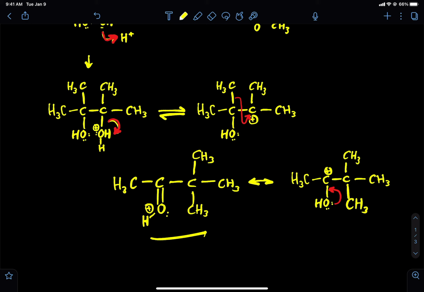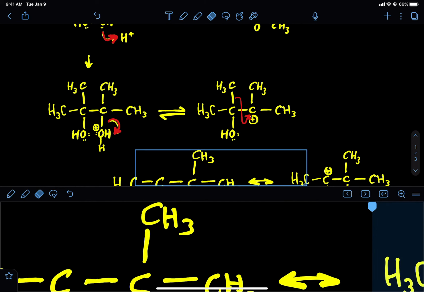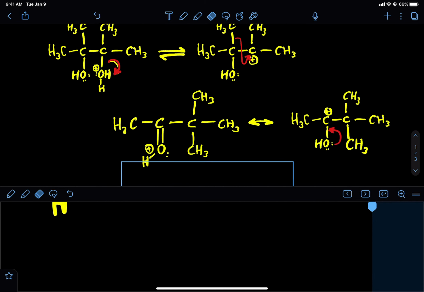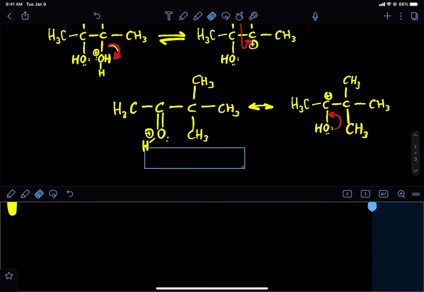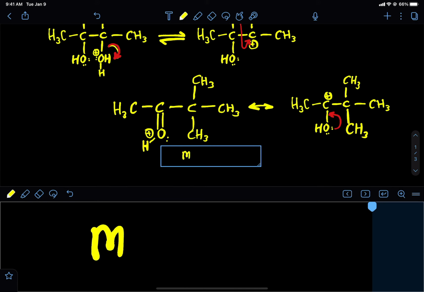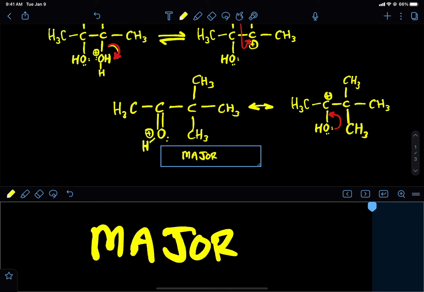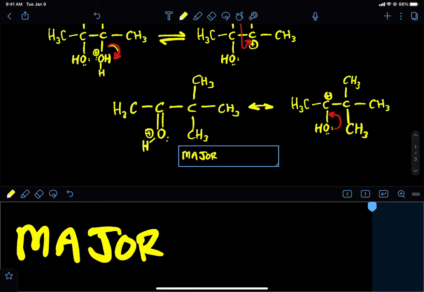So it's better to have a positive charge on the O if the carbon can then have an octet, than to have the carbocation missing an octet. So that's actually going to be the dominant form. This is going to be the major contributor. We'll write that in: major contributor.